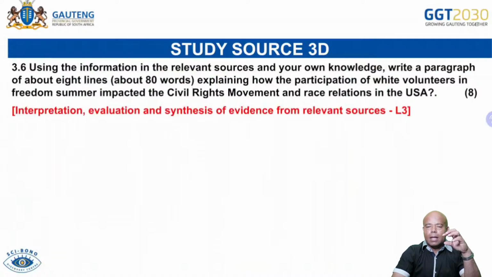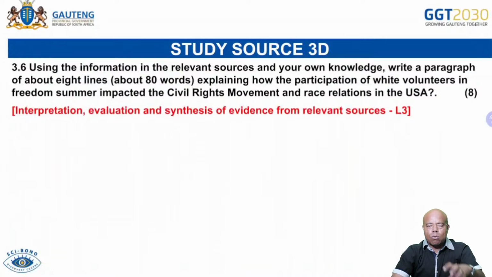Remember that when you answer source 3A, you underline what's answering the key question. The key question is your paragraph question. So you underline in 3A, you go to 3B, you underline that, you go to C, you go to D, you underline. Once you come to the paragraph question, you paraphrase.